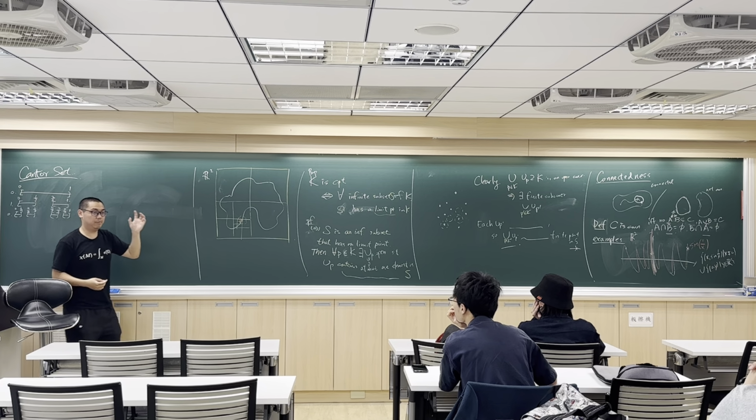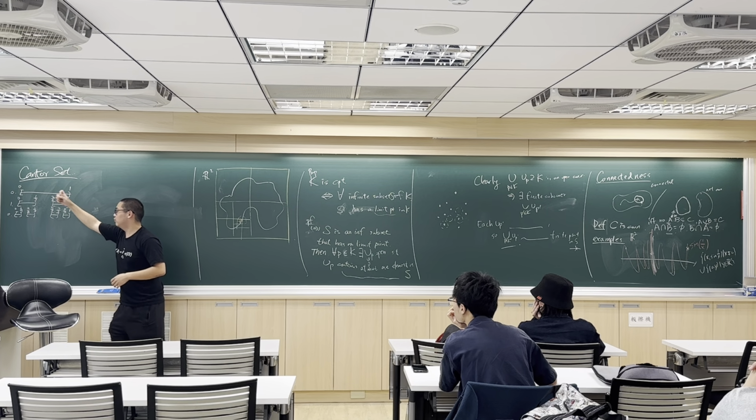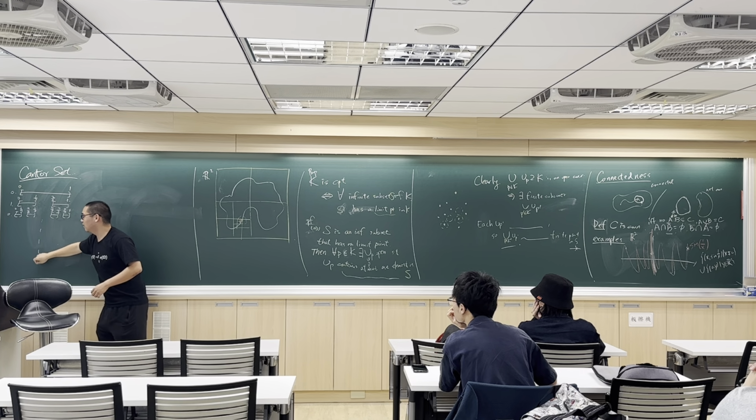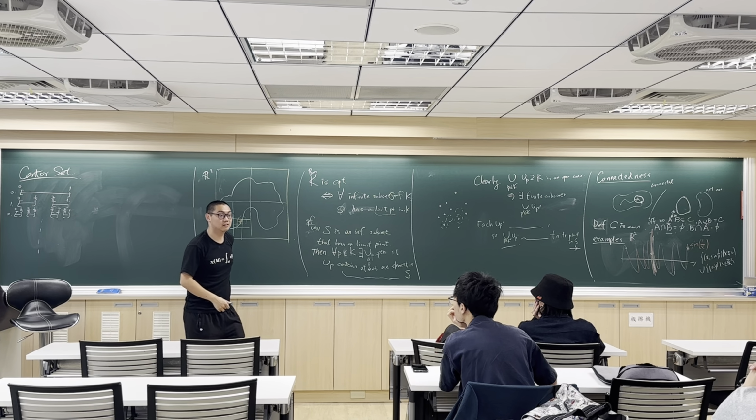So you keep ruling out the middle third of each interval and take intersections. You have the Cantor set.